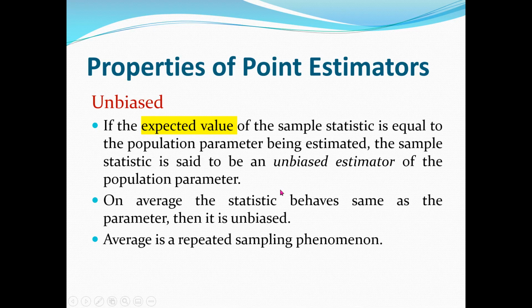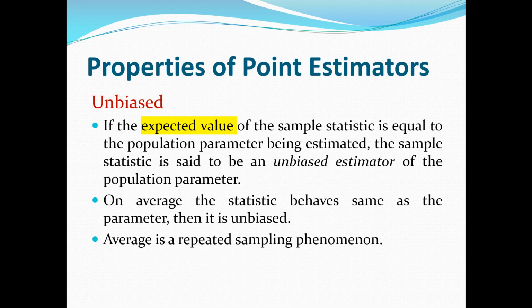Now if you want more clarity on the idea of unbiased, if you follow the linguistic meaning, if there is no systematic error in a process, then you call that process unbiased. For example, if you are evaluating whether an instructor or a teacher is unbiased, that he is not doing any favoritism while grading the exams, you are going to see that there is no systematic error.